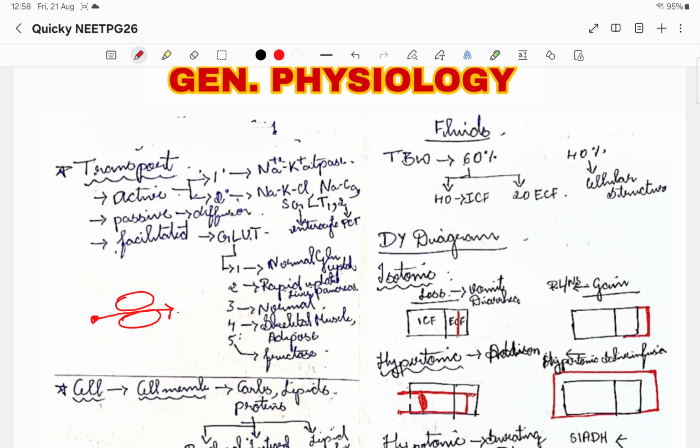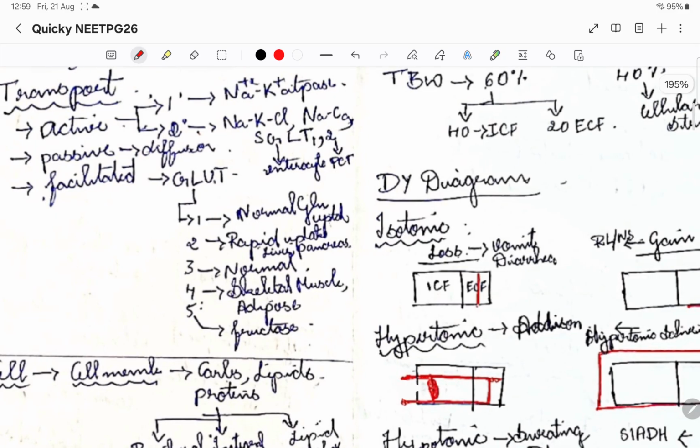The best example is GLUT transport, which has been the focus of examiners, because different types of GLUT transporters work in different kinds of tissues. So let us discuss one by one.